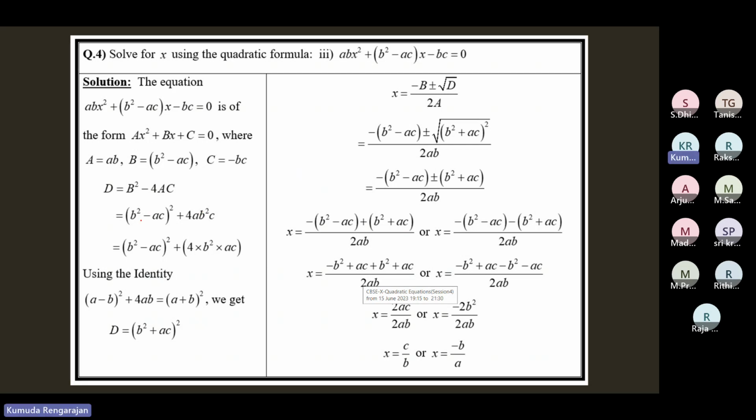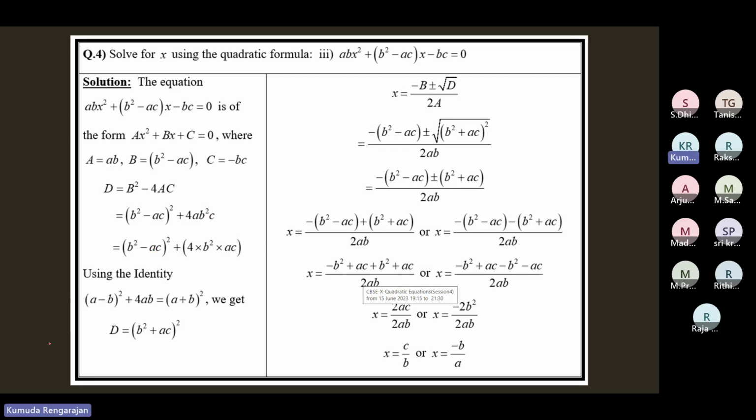Now this is of the form a minus b the whole square plus 4ab. How? Because if you look at this one as a and this one as b, you can see a, b square, and b, ac is here. So that's what I've shown here: a minus b the whole square plus 4 into a into b.